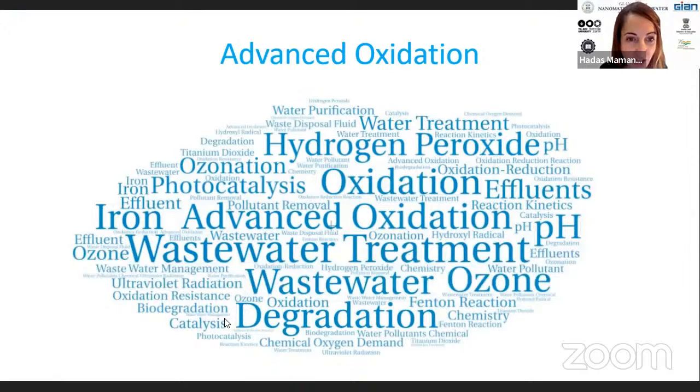Now, if we look here and find photocatalysis, we see that ozonation and photocatalysis are smaller in size, which means they're less prevalent for wastewater reuse. We have UV radiation, biodegradation, catalysis, iron in some cases.